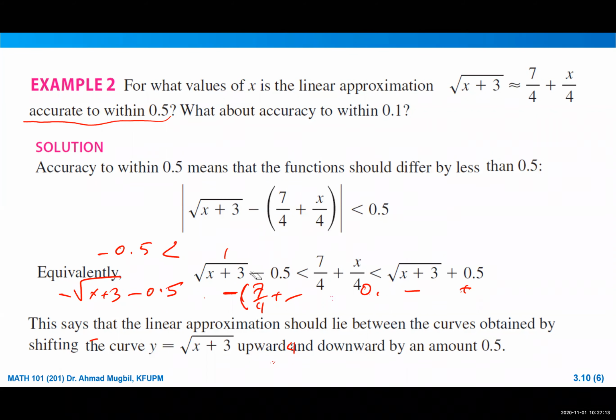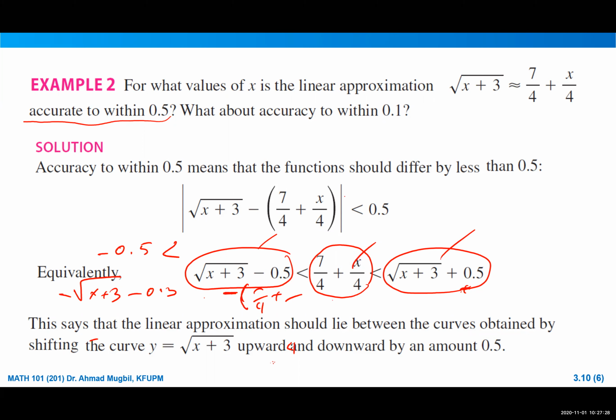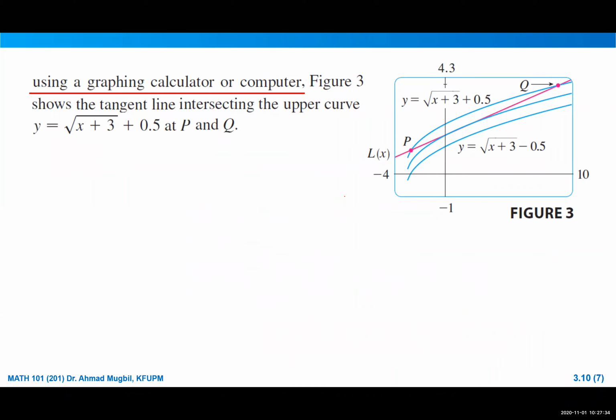Here they are. You will sketch this graph, which is easy. And you can sketch this graph by yourself, by the way. It is not difficult. This is just square root of x plus 3 shifted up 0.5, and here shifted down. And this is the linear. You can sketch these 3 graphs by yourself, but you cannot find the intersection points between them without a computer or a graphing calculator.